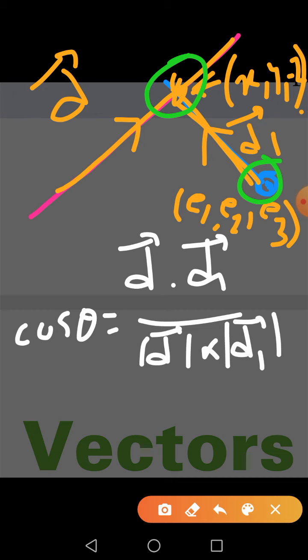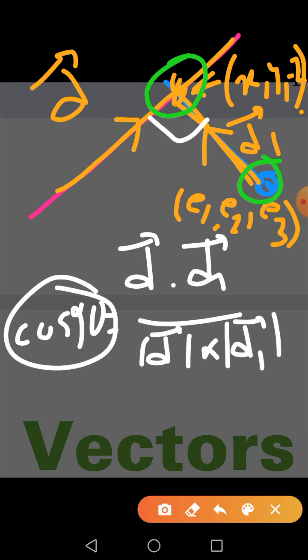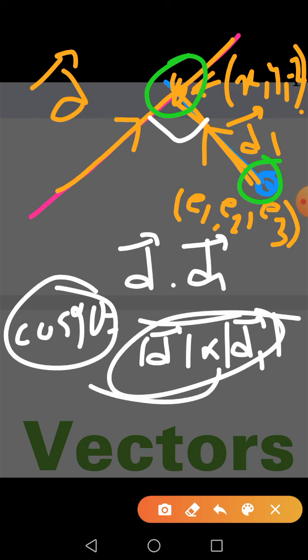Here, since the two lines are perpendicular, the angle between them must be 90 degrees. So it's cos 90, and you know cos 90 is 0, so this side becomes 0, and if this is multiplied with this, it also becomes 0.